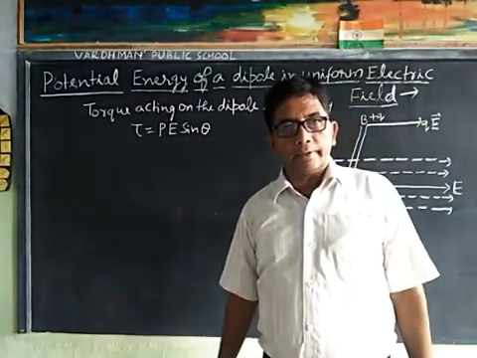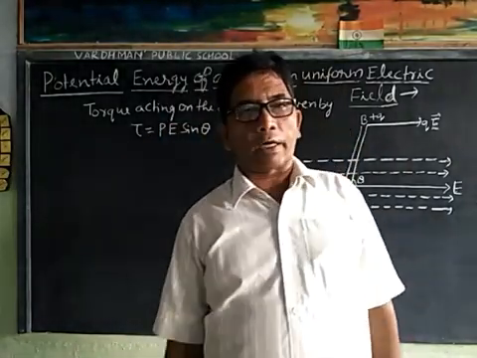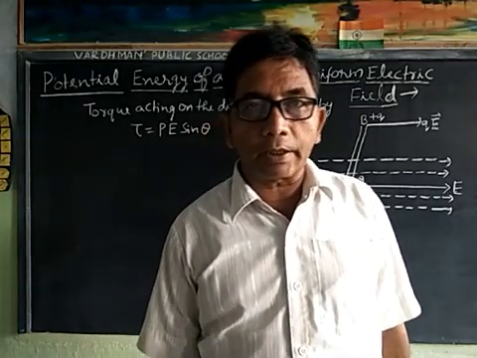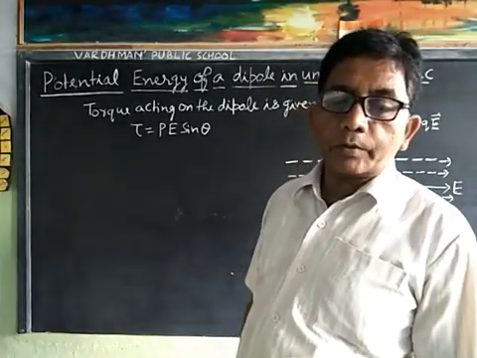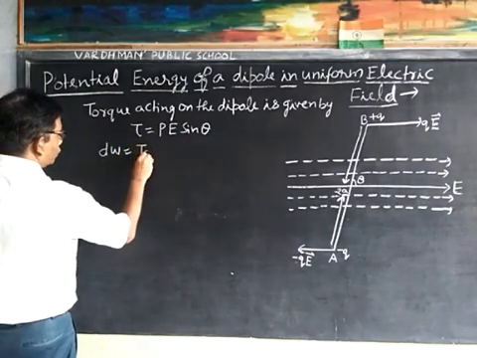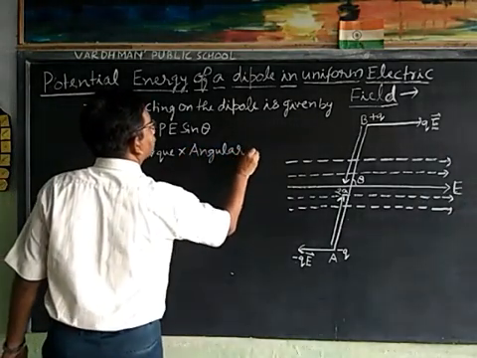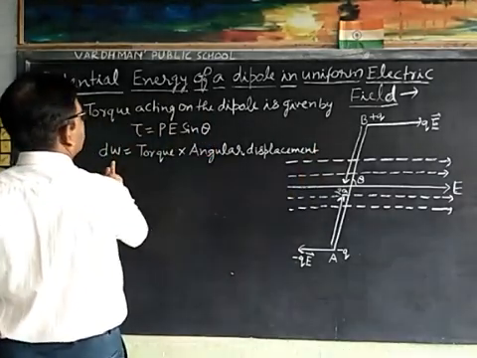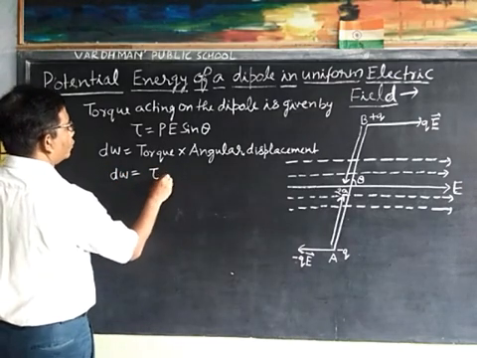If the dipole is rotated through a small angle d theta against the direction of the torque, then the small amount of work done is given by torque into angular displacement, that is dW is equal to tau d theta.